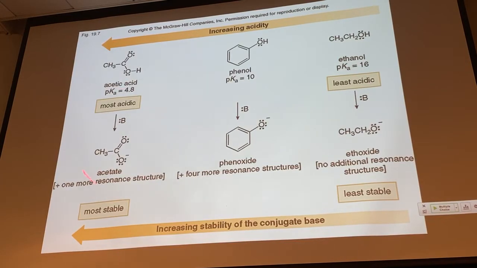We have a higher degree of stability due to resonance with acetate because we have equal contributors. With phenoxide, we have a major contributor and 3 minor contributors, so the degree of stabilization due to resonance is not as high as it is with acetate. So phenoxide is less stable than acetate, therefore the acid is less acidic, and then ethoxide is the least stable of all, no resonance structures, and therefore ethanol is the least acidic.